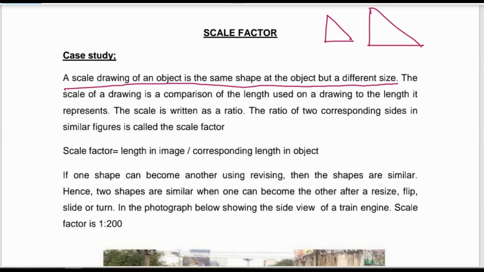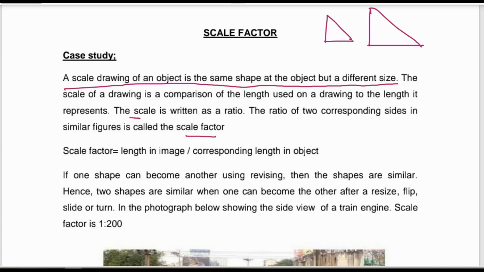Now the scale of the drawing is a comparison of the length used on a drawing to the length it represents. The scale is written as a ratio. What is scale factor? The ratio of two corresponding sides in similar figures is called the scale factor.